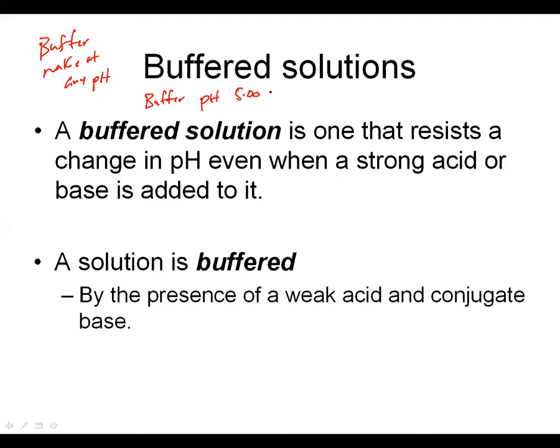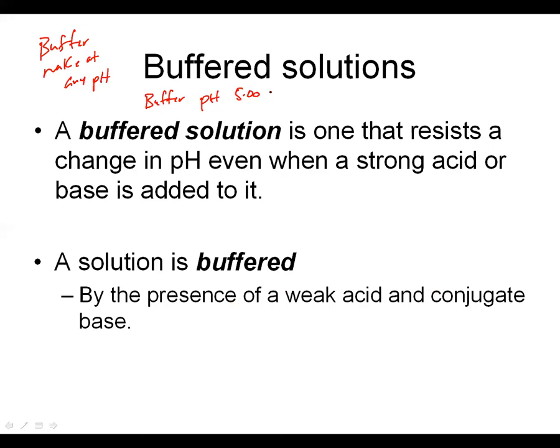We wouldn't expect the pH to go from 5 all the way down to like 1. Same thing, if we add a base to it, like sodium hydroxide, we would expect the pH to remain around 5. In reality, it'll go up a little bit, maybe 5.1. But we wouldn't expect the pH to jump drastically, say from 5 to 12, when we add a base to it.